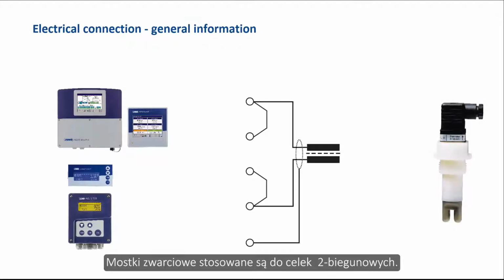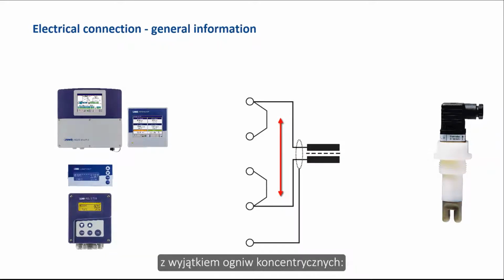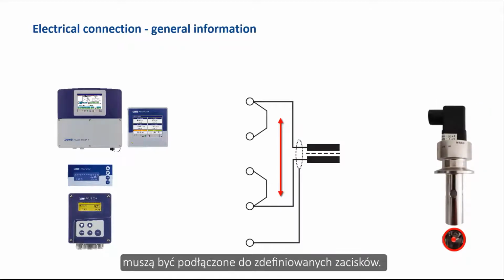Short-circuit bridges are used for the two-pole conductive cells. Because the two-pole cells are used more frequently, the bridges are pre-assembled when the transmitters are delivered. The two electrodes can be connected to the connections as required, with the exception of the concentric cells. For these, the wires of the inner and the outer electrodes must be connected to defined terminals.